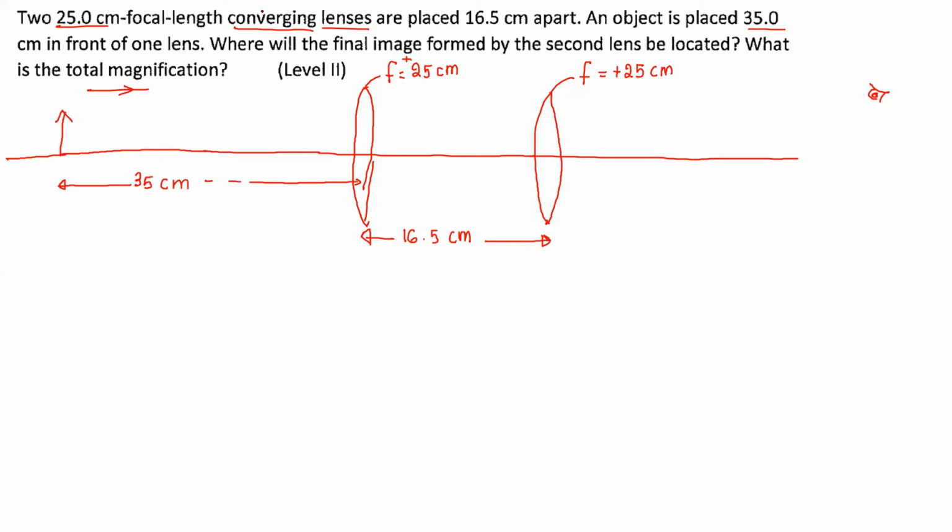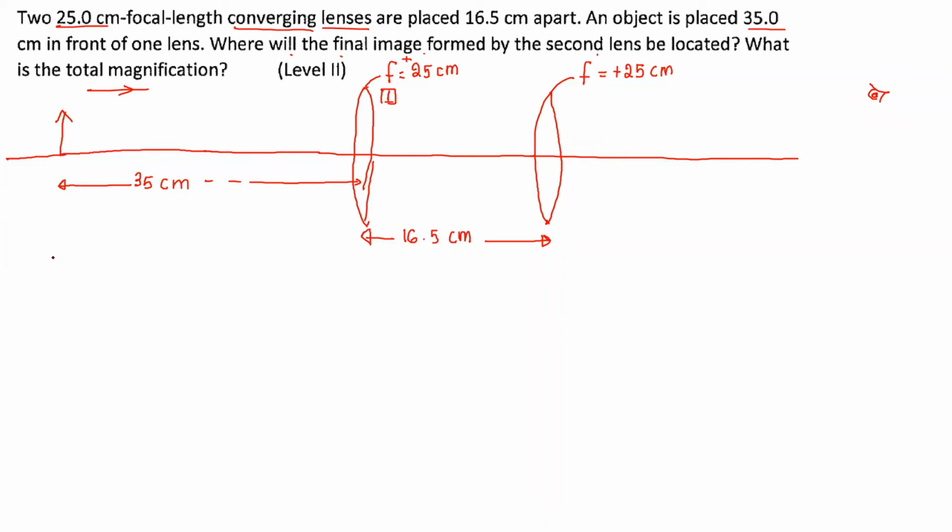Here they are asking where will the final image be formed by the second lens be located? So what is happening is this light which is coming from this object will get refracted by this lens, lens number 1, and this lens will form an image somewhere. We don't know where, but it will form the image somewhere.